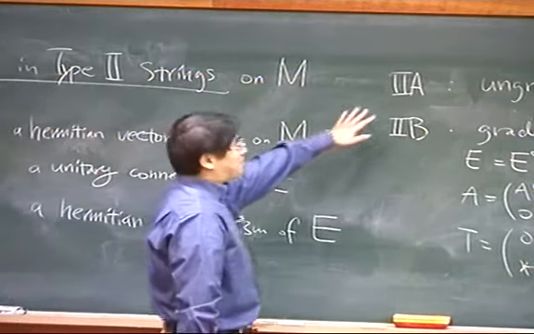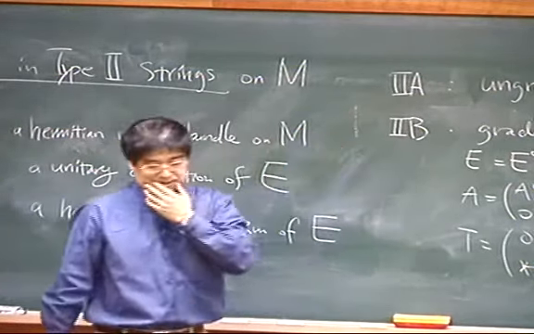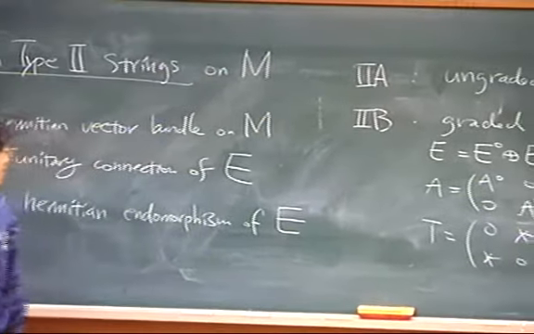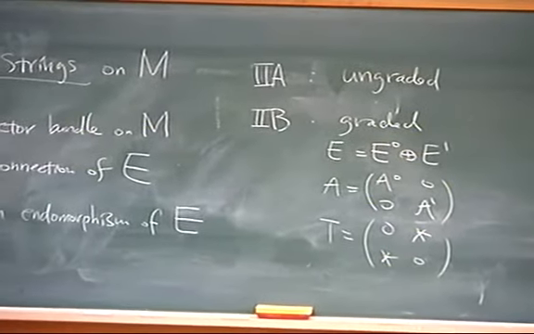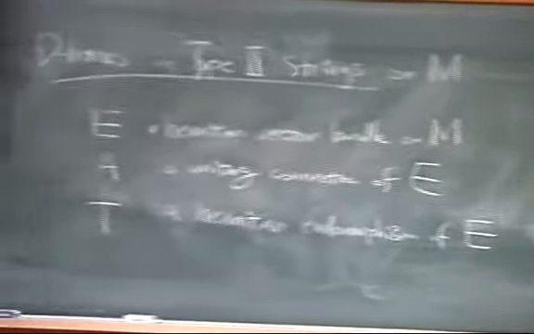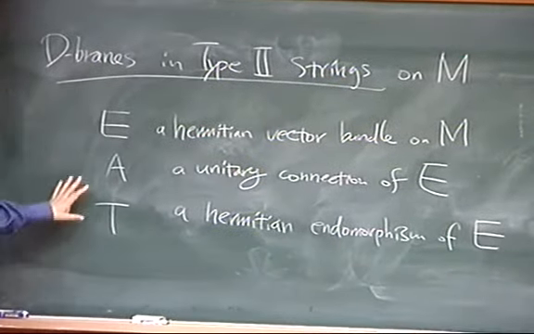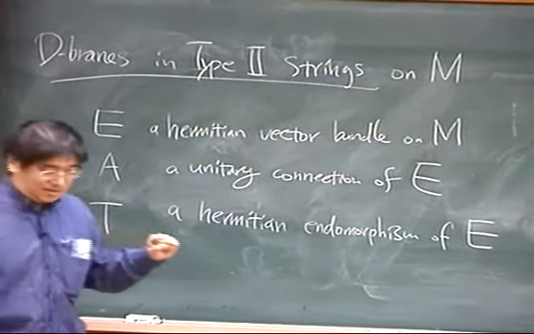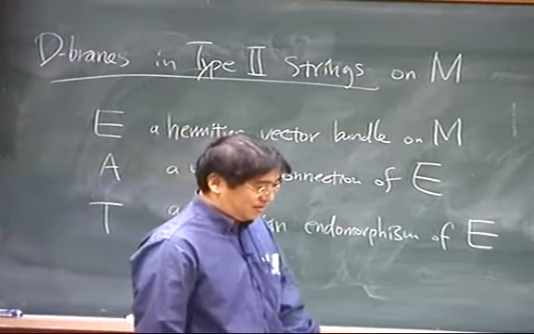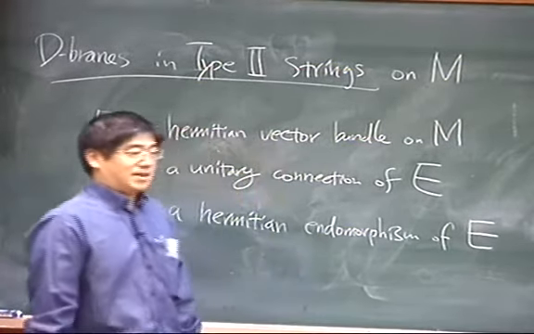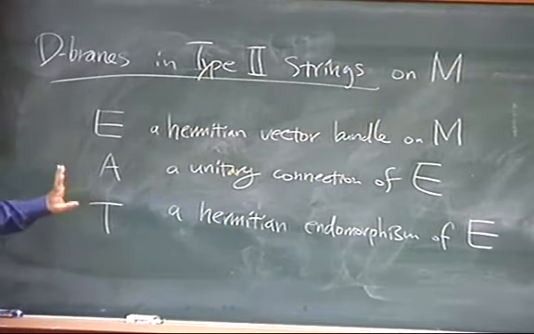And for the A model, for type 2A, it's more indirect. Roughly speaking, the zero of T, the locus where T has non-maximal rank, where T is not invertible, is the place where the D-brane is.